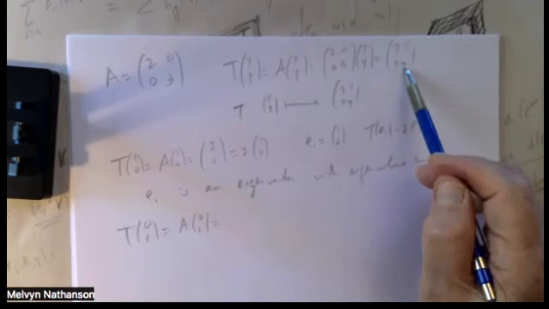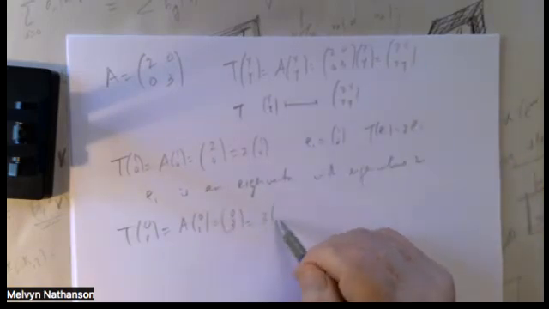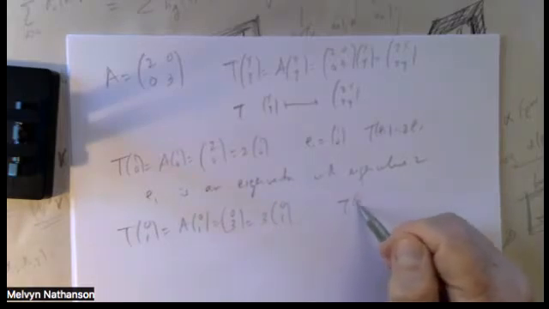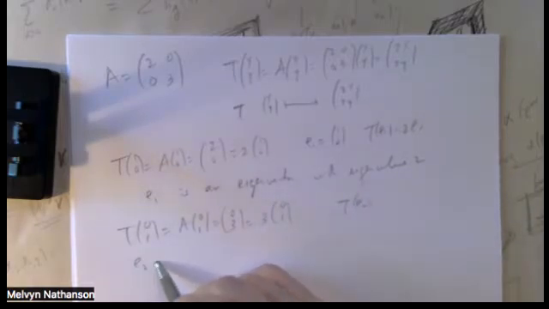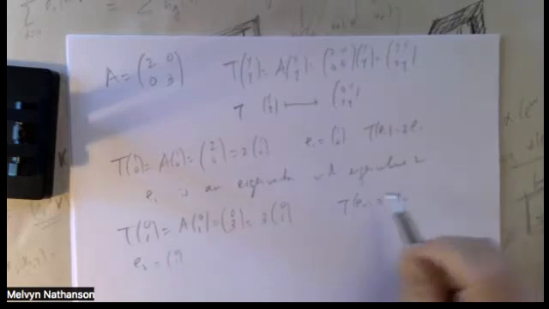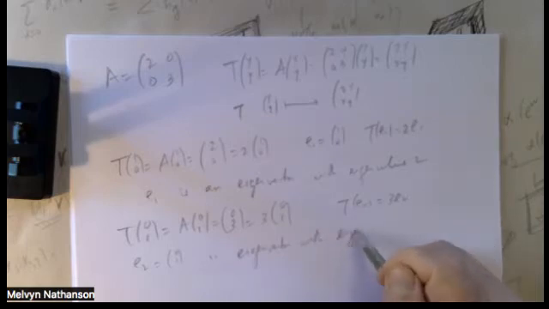When x is 0 and y is 1, this is (0, 3), which is 3 times (0, 1). So T of the vector E2, where E2 is (0, 1), T of E2 is 3E2. So E2 is an eigenvector with eigenvalue 3.